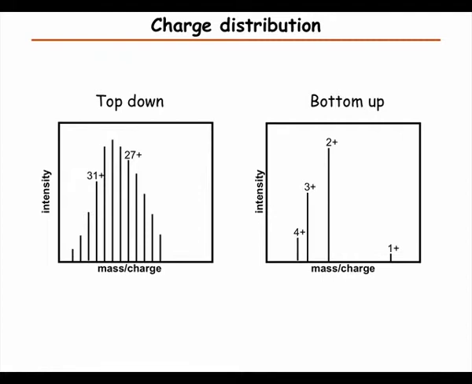So just some general differences between bottom-up and top-down. With bottom-up, we have small peptides, so they usually carry a few charges. Top-down, we have larger proteins, and they carry many charges. So one thing that we have is a dilution of the signal. Here most of the signal is in 2 or 3 plus, but here it's distributed over many different charge states.